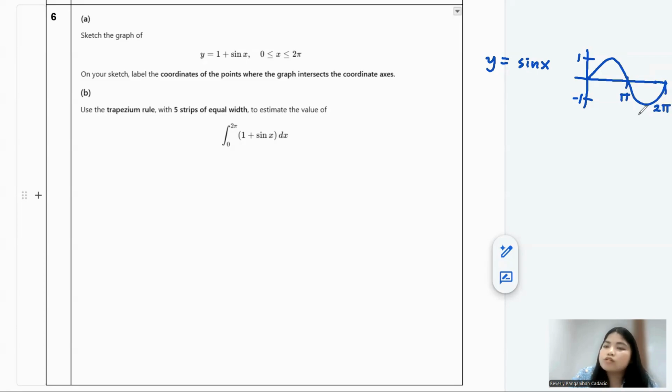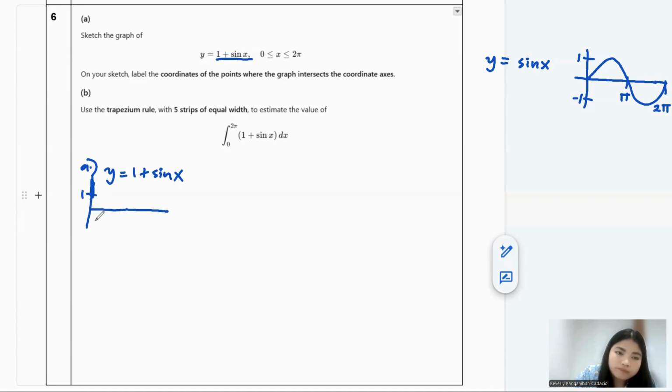Now, if you have 1 plus sine x, you're just going to put it up. Instead of starting from 0, 0, it will be adjusted up. So this one is 1 and this one is 2, for example.